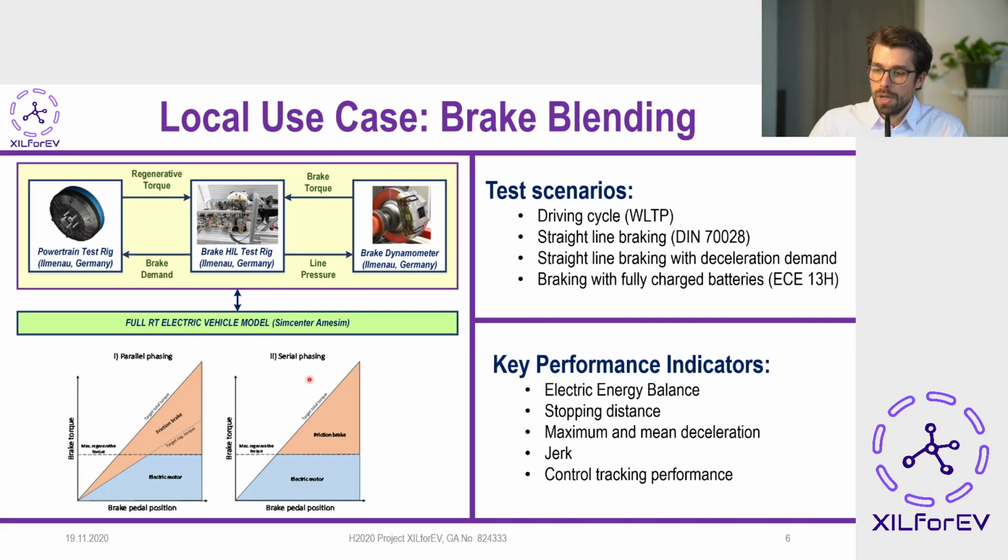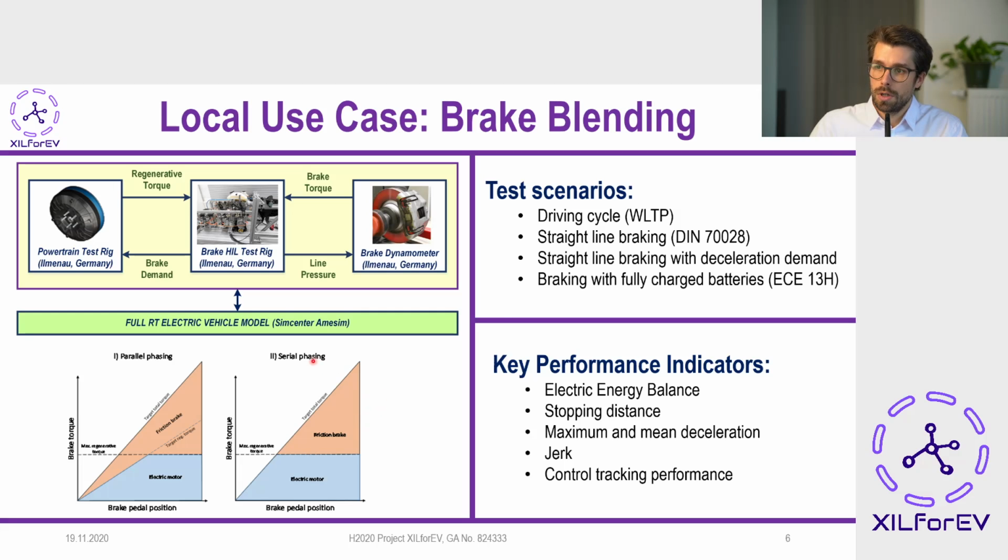As already mentioned, we have defined use cases for the demonstration of our functional environment. For the local setup, we want to demonstrate this for the use case brake blending. Brake blending is the control of the distribution between regenerative and friction brakes, and a very relevant issue for battery electric vehicles.